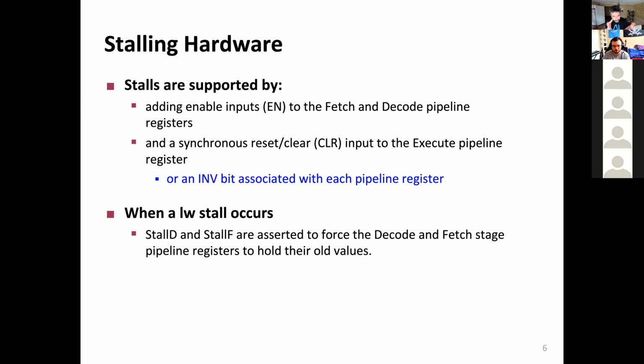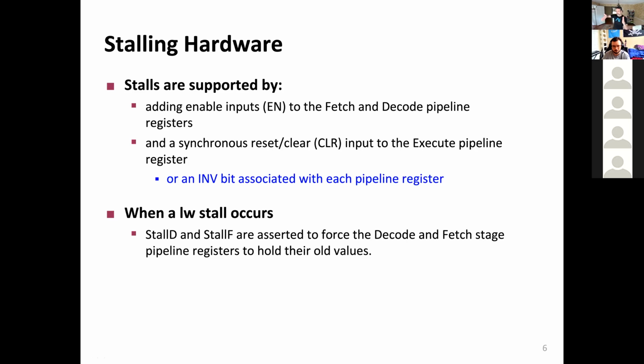For stalling, at the decode and fetch stages, you need to send specific control signals, in this case stall D and stall F, stalling the decode and fetch stages accordingly.